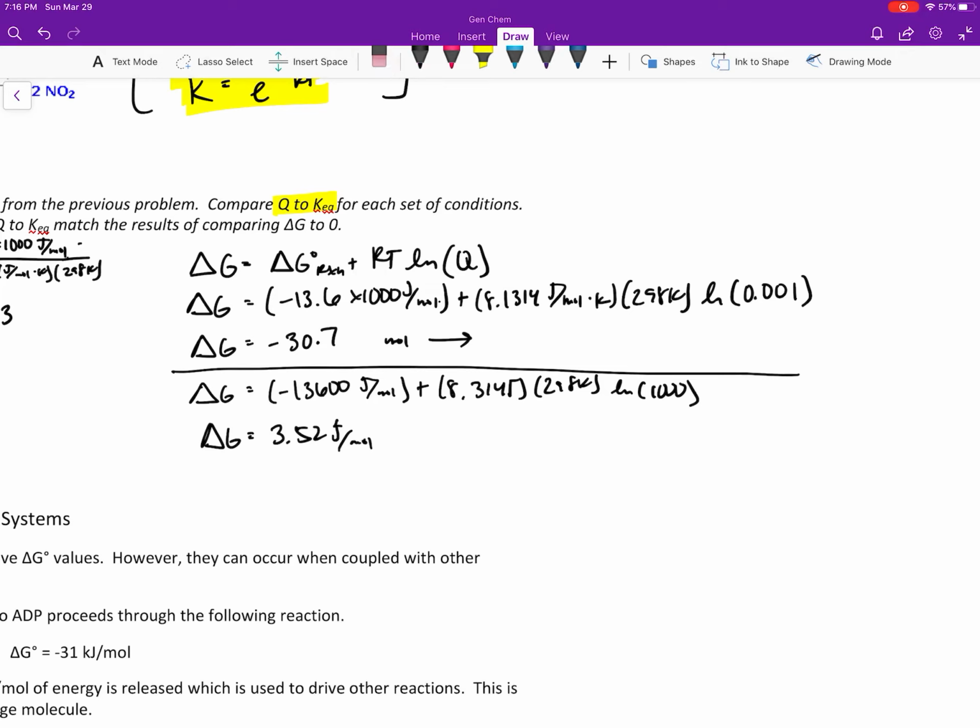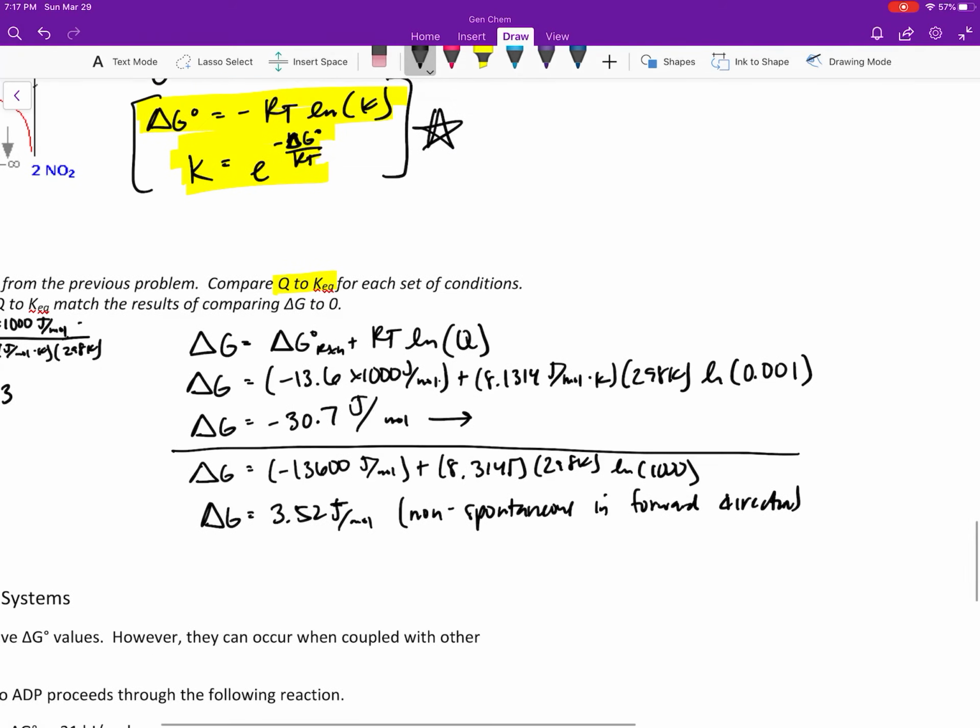And this should be joules. Joules per mole, indicating that it's non-spontaneous in the forward direction.